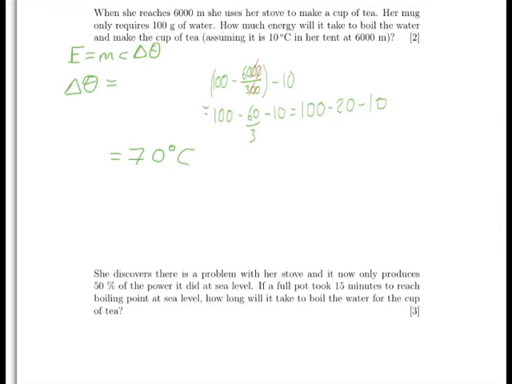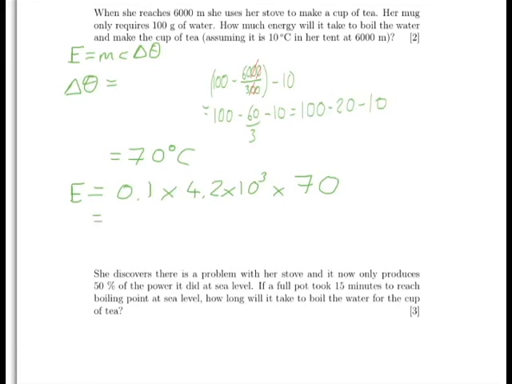Okay, so now how much energy do we need? So let's go back to our equation. E equals the mass. Now here we have 100 grams, so that's 0.1 kilograms, multiplied by our specific heat capacity of water, which is 4.2 times 10 to the power of 3, multiplied by our temperature change of 70.